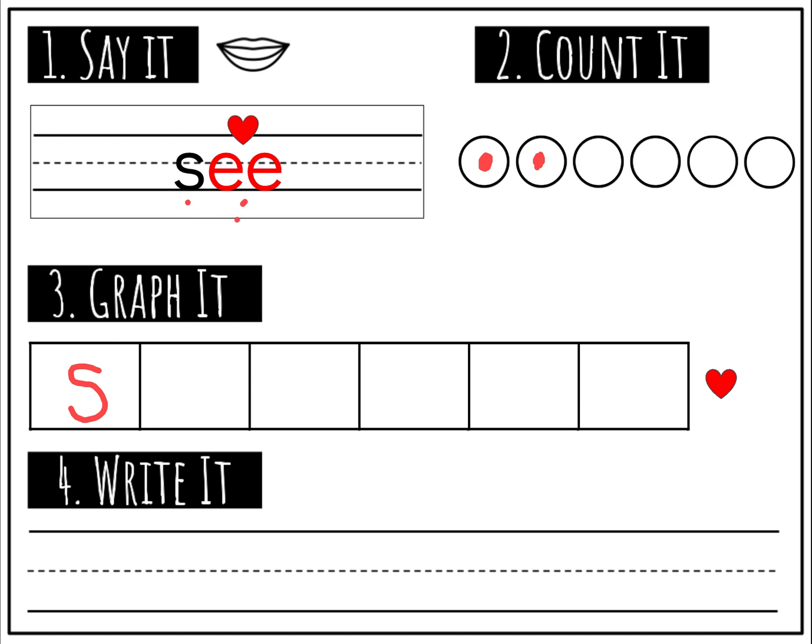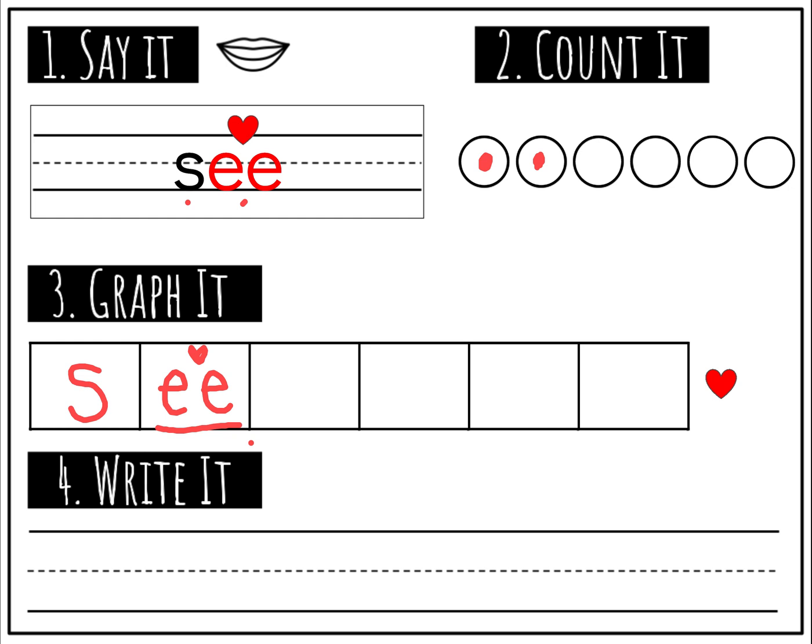But when I say the second sound, E, I just hear 1 sound, E, but I see 2 letters. So we're going to write those 2 E's in one box because these 2 E's make the E sound. It just says E. But we haven't learned this yet, which is why it has a heart.